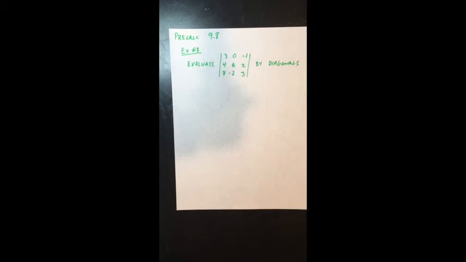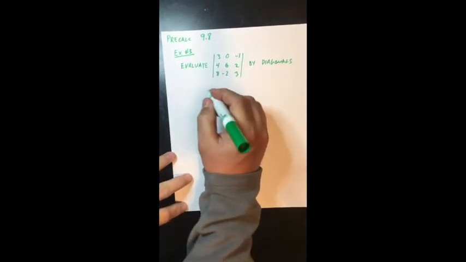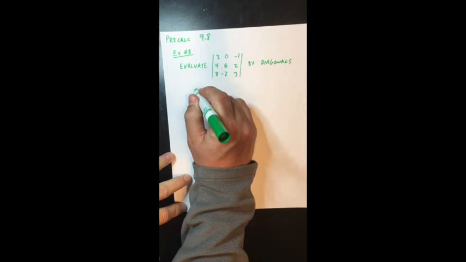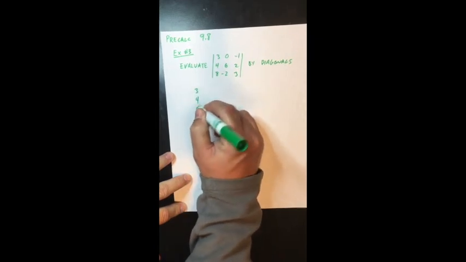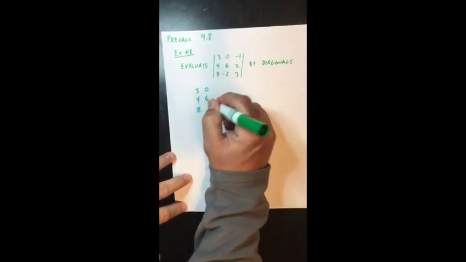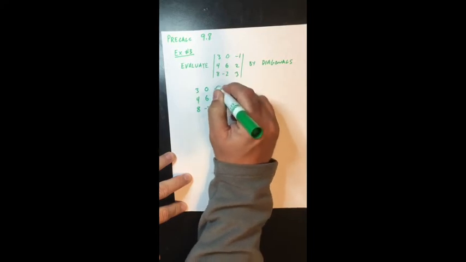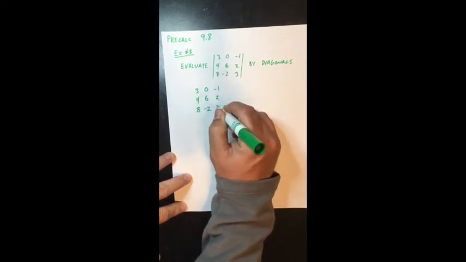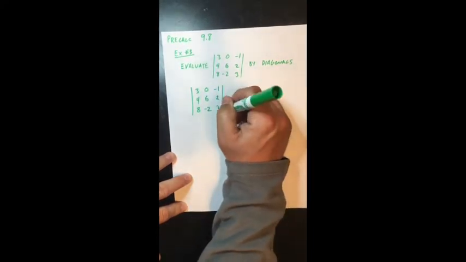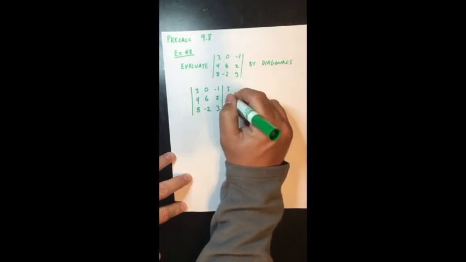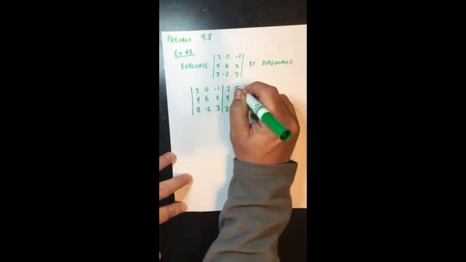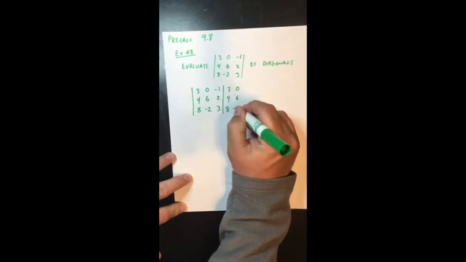All right, so example number 3 is another determinant, but this time we're supposed to evaluate this using diagonals. To do that, I'm going to start out by rewriting this matrix, and I'm going to include at the end here the first 2 columns again. Like that.